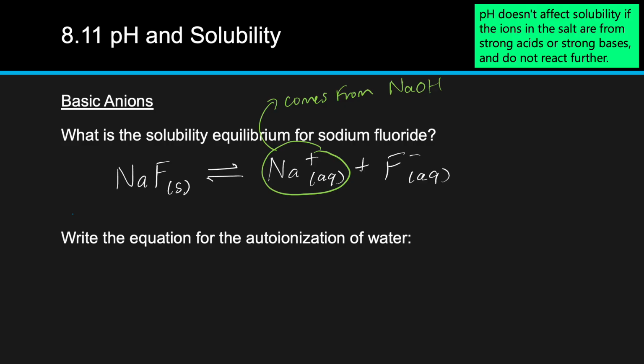So that means when we're looking at how pH affects solubility, we're really focusing on this F minus. And we know that F minus is the conjugate base of a weak acid, HF. And we know if it's coming from a weak acid, the conjugate is usually pretty reactive.